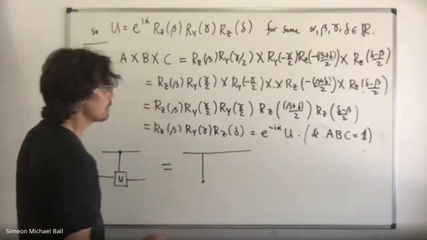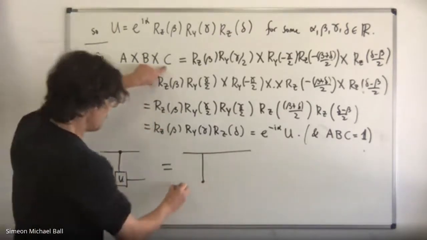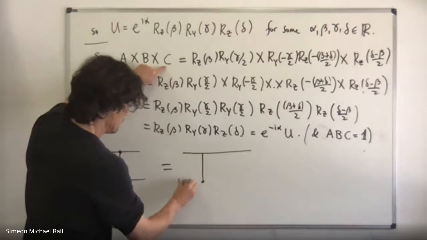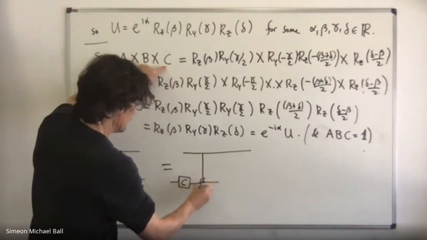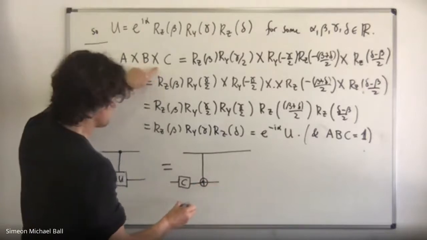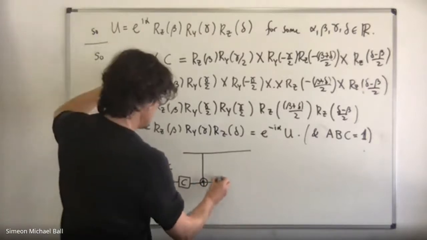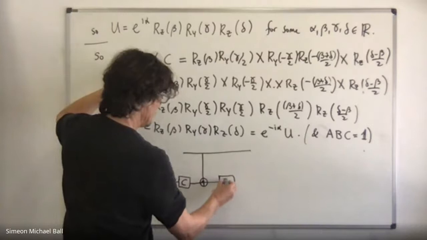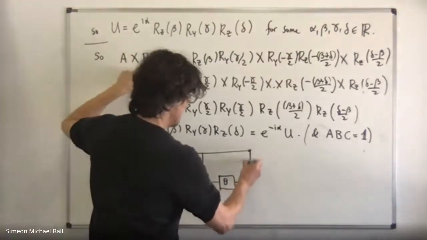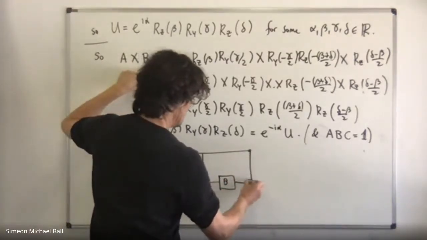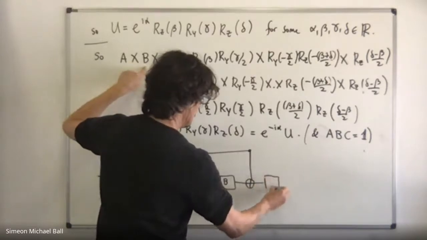And here it is. So I want the C to come first. Hits the C. I want to apply an X, a C-NOT gate, then a B, and a C-NOT gate, and then the A.